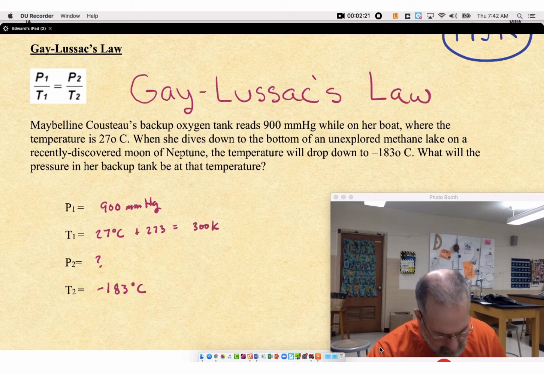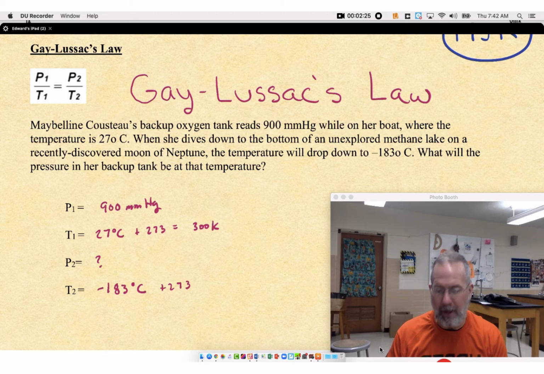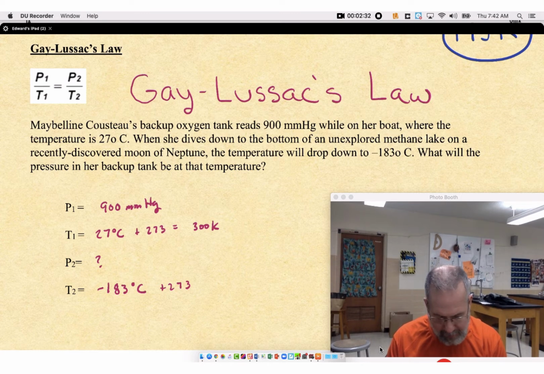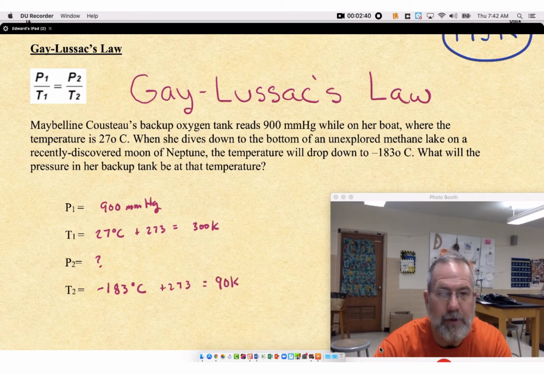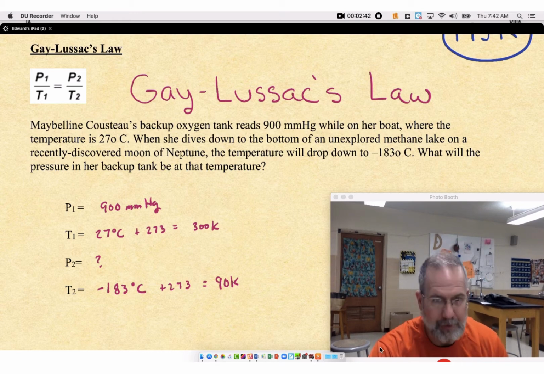And then plus 273 for the other. There's a negative number there too, so make sure that you realize that. So you have 273 minus 183, and that is 90. All right, there's our givens.